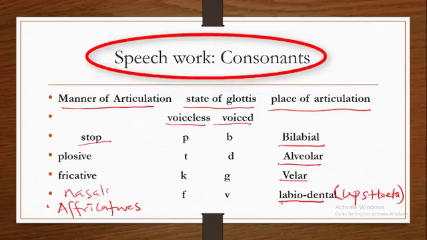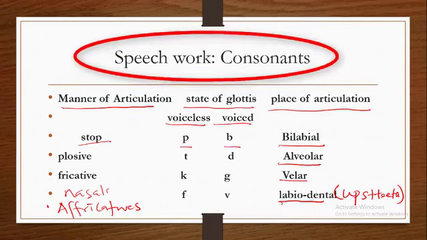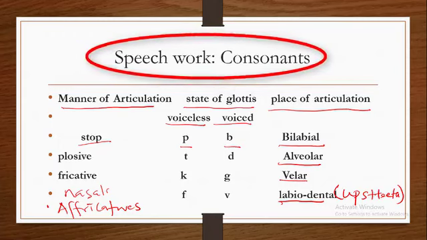So, for instance, if you look at what you have here, it is not letter P, it's a phonetic symbol. So we have a stop, voiceless, bilabial consonant sound.